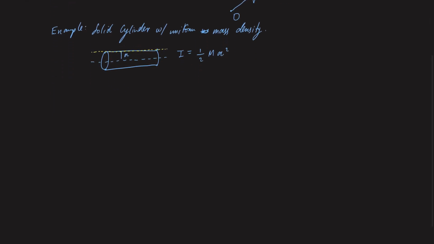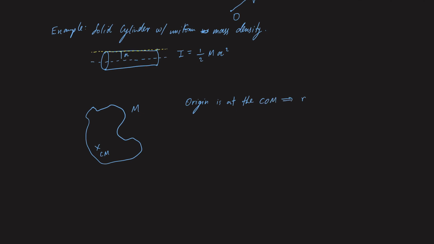We have this mass, call it big M, and it has its center of mass located right there. Let's say that the origin is at the center of mass.